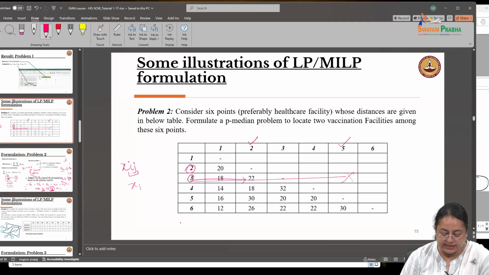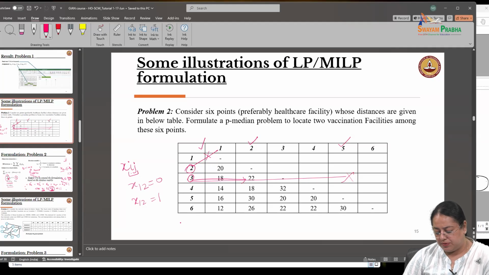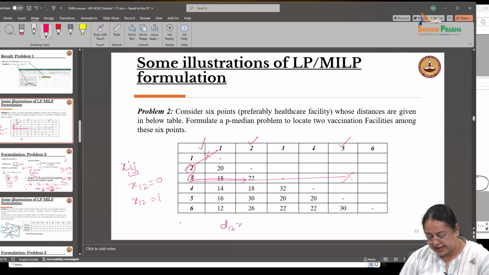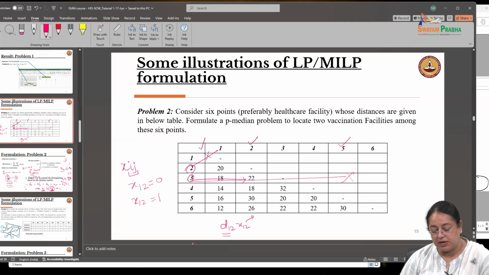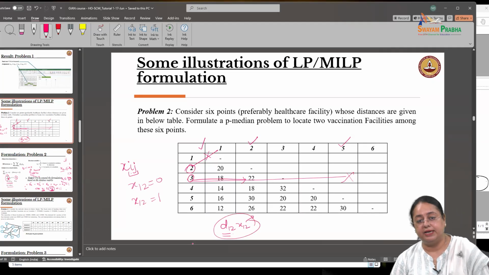For example, if X12 is 0, then the 1-2 assignment cannot happen. If X12 is equal to 1, then it is possible. That's why, when I'm saying D12 times X12, if our model says 1-2 will be connected, then only it will consider the distance. Otherwise, distance multiplied by 0 will eliminate this term.